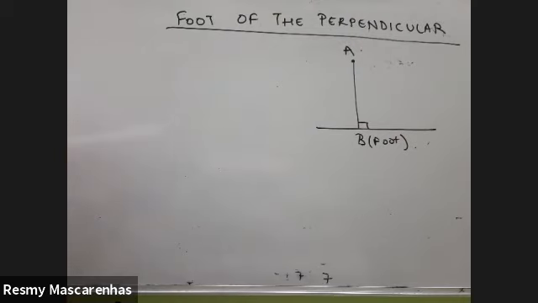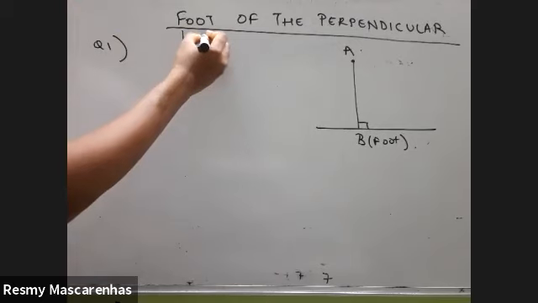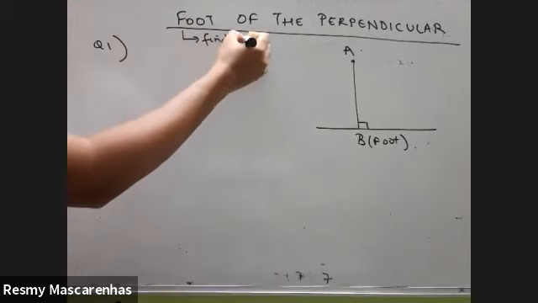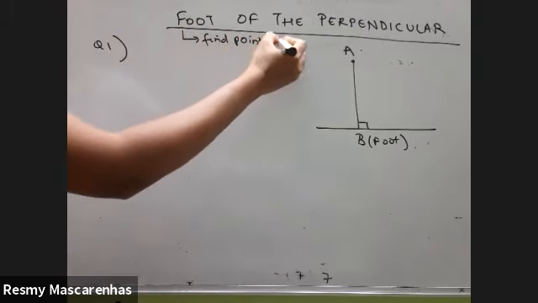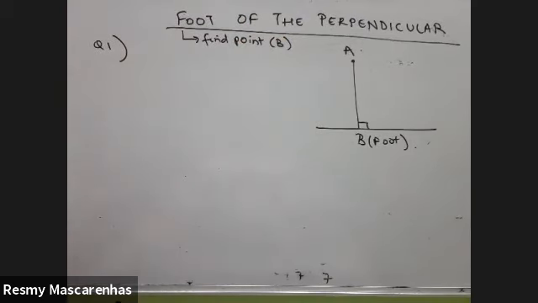We'll start straight away with the first question. Find the foot of the perpendicular. Whenever they say find foot of the perpendicular, it means what? You have to find point B in short. You have to find the coordinates of that point B.